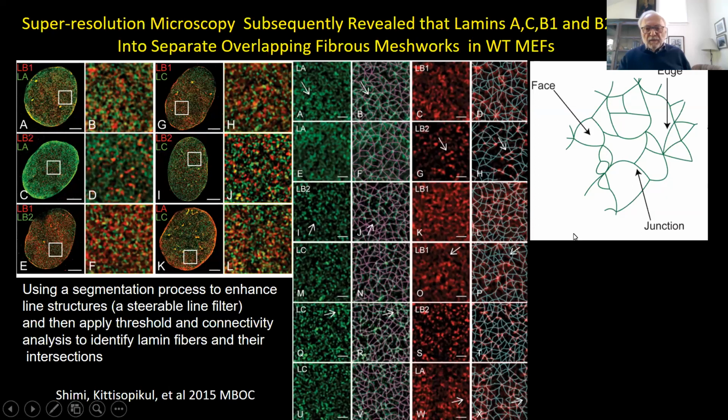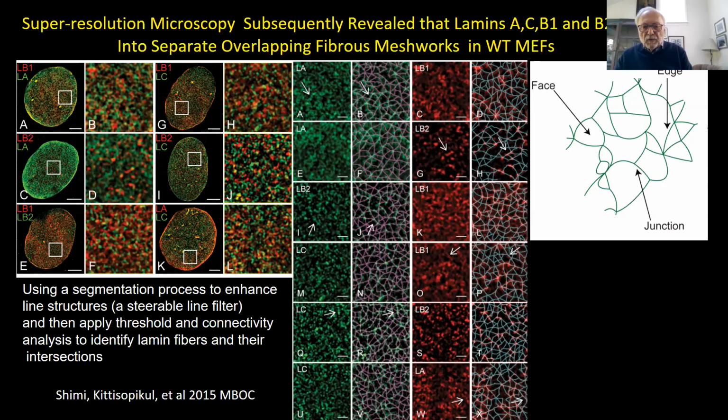And we could even identify structures that comprise the meshwork, so that the fibers which surround each of the spaces, as you see, we call that a face, and the fibers themselves are the lamins, and then they form junctions. So what they form is irregular meshworks of polymer just below the nuclear surface.